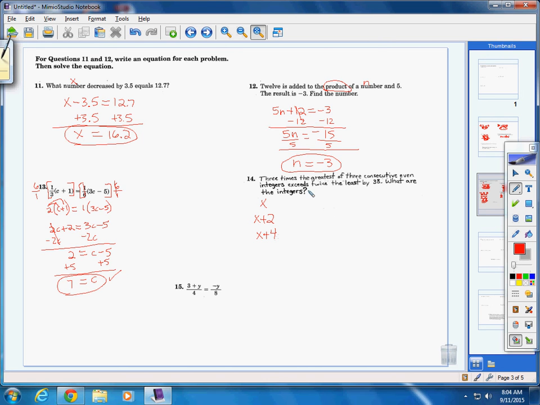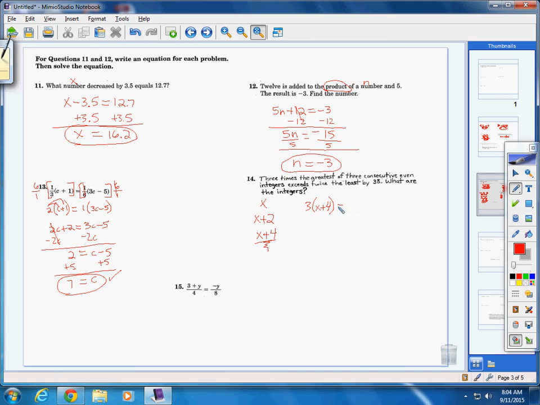Now, it says 3 times the greatest of these integers. Well, the greatest is x plus 4. So 3 times that guy exceeds twice the least, well, this is the least of the 3 integers, exceeds twice this number by 38.